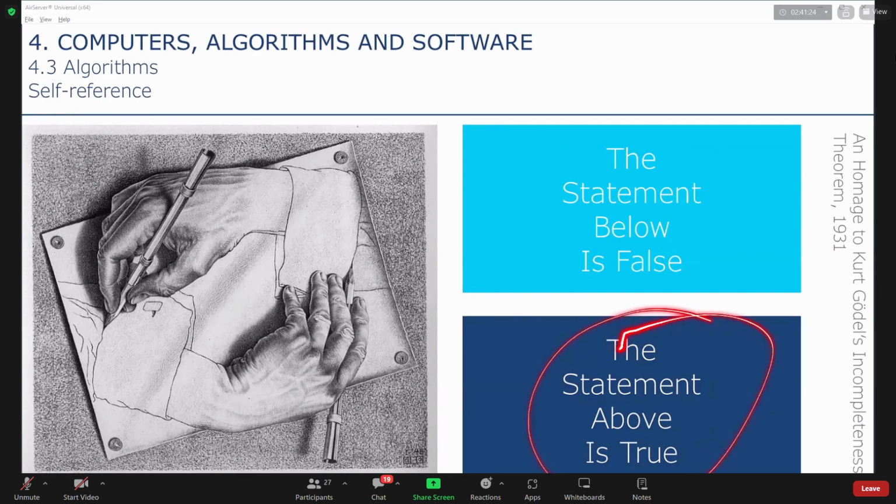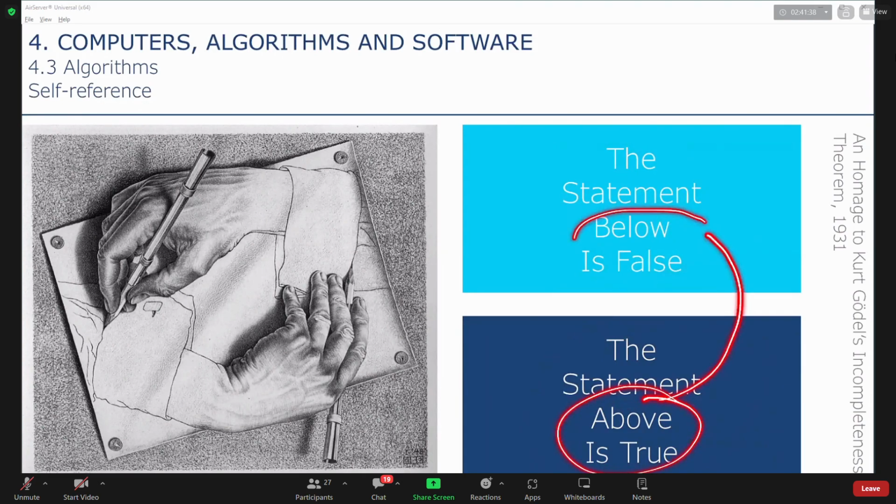So here it says the statement above is true, and the statement above says that the statement below is false. So if now that one is true, that leads to the fact that that one is false as well. And that's Gödel's incompleteness theorem with the problem of self-referencing.